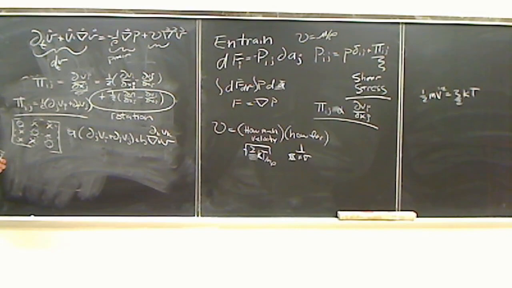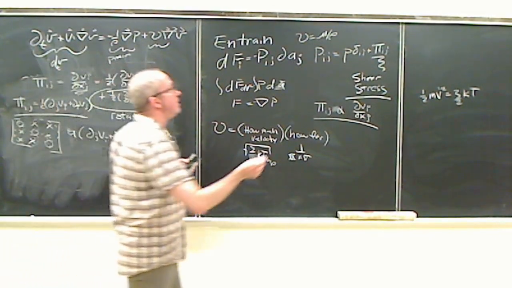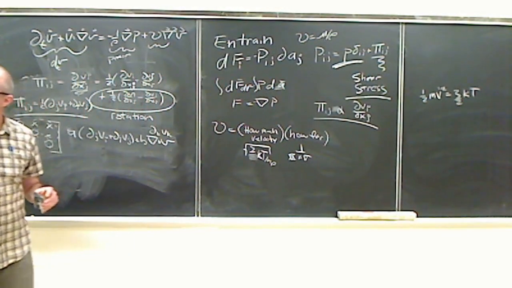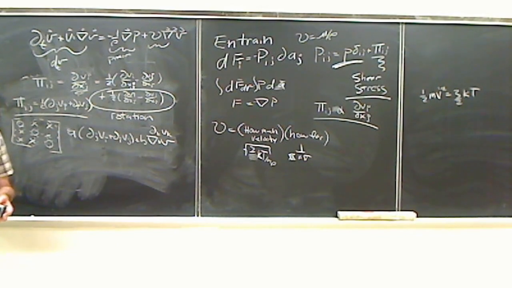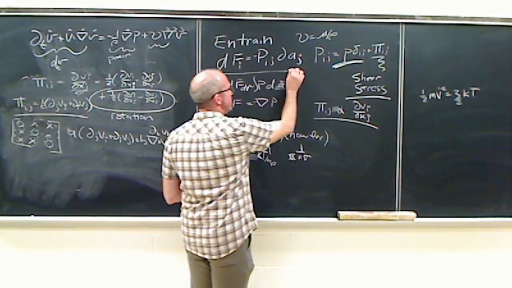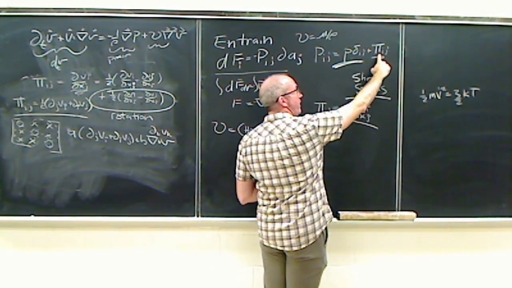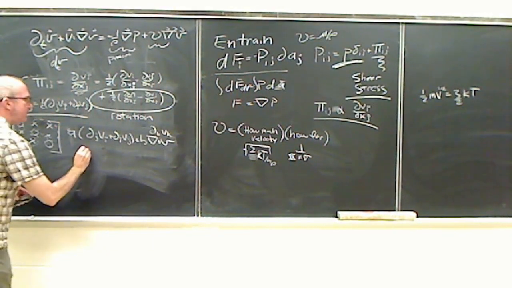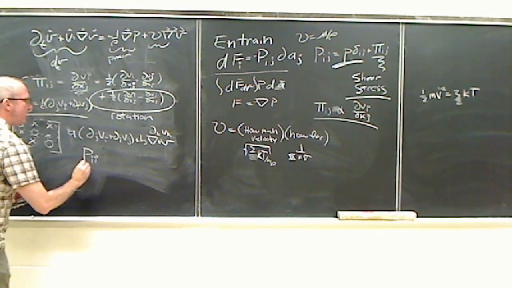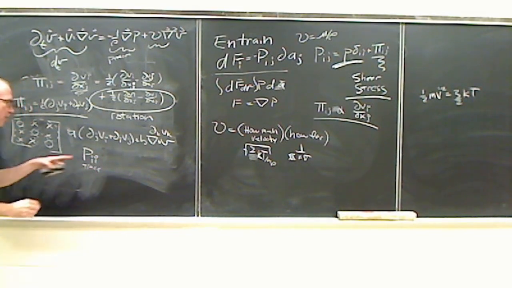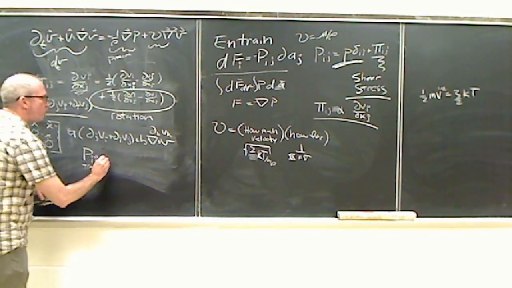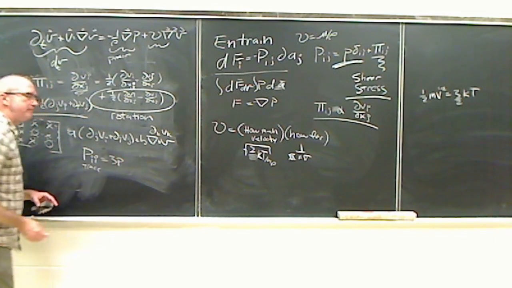But I already know that the diagonal term of my pressure tensor needs to be the gas pressure. Does that make sense? So I'm going to write something that looks like this. It's going to have a pressure along the diagonal and then my shears. So the gas pressure, if I take P_ii, the trace of a tensor is just the sum of the things along the diagonal. The trace has got to be 3 times the pressure.